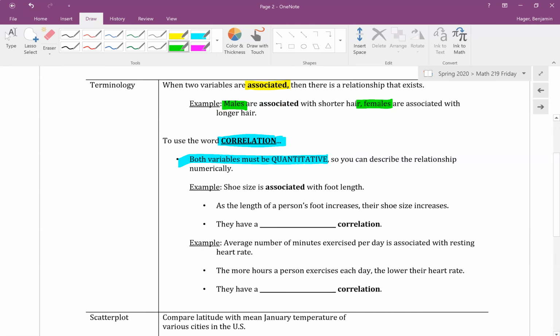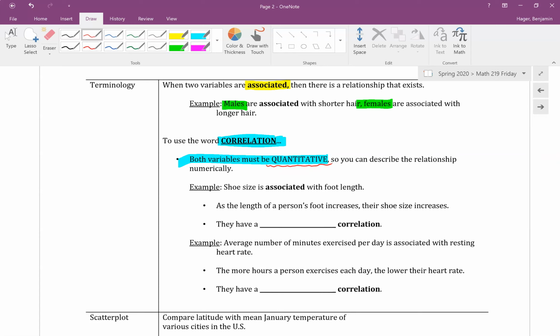That's not a quantitative variable, right? You could talk about the hair length being quantitative because you can measure it, but males and females is categorical. So we could talk about an association going on or a relationship going on, but we wouldn't use the word correlation, okay? Because with correlation, we're talking about quantitative variables that I can basically describe and analyze numerically.